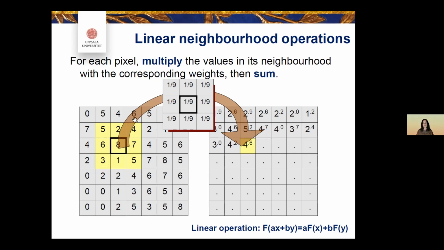And that is also the reason why we are particularly now interested in that type of neighborhood operations, which is expressed as a combination of multiplications with a constant and subsequent summation of the pixel values.